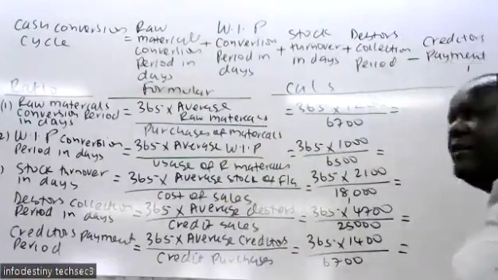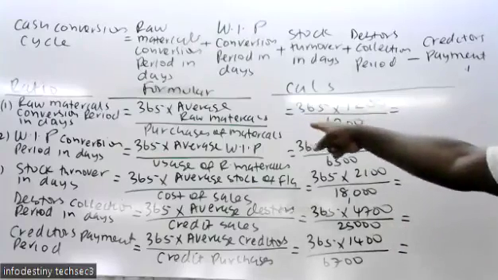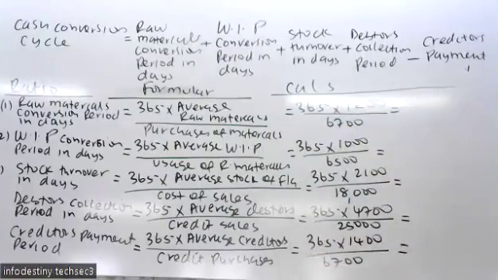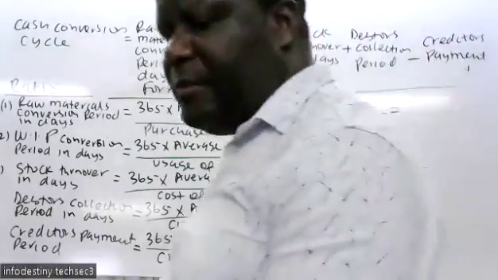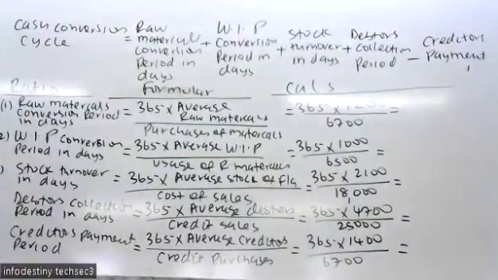We assume all of them are on credit. But if they specify, we take the one which is on credit. For the other one we use the total purchases, but for this one we should only use the credit purchases. So for this one, we assume total is the same as the credit.